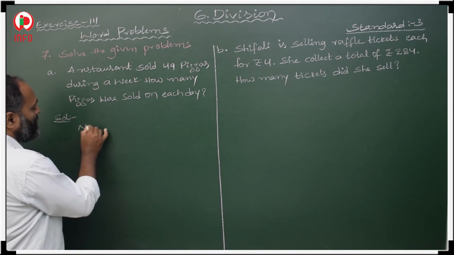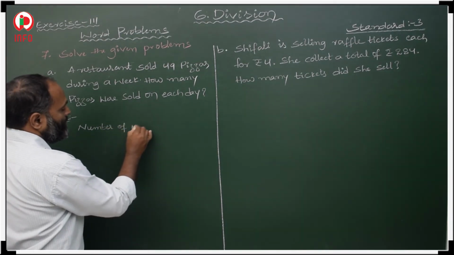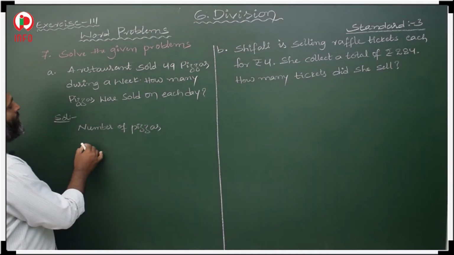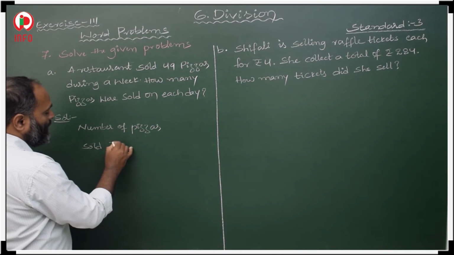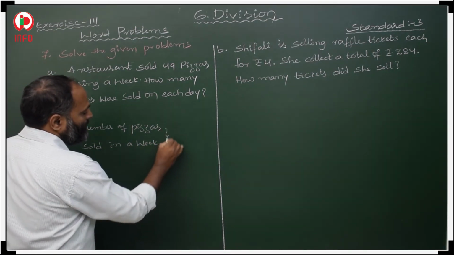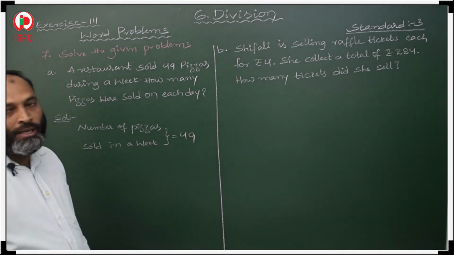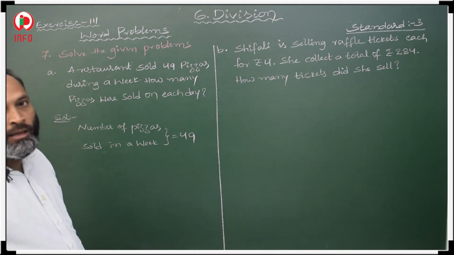Number of pizzas sold in a week is equal to 49. 49 pizzas were sold in 1 week.